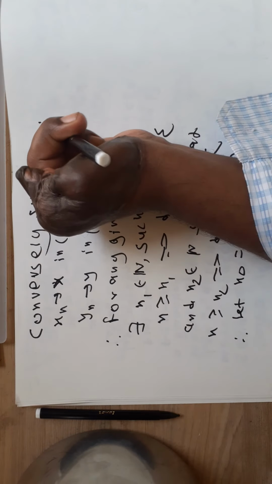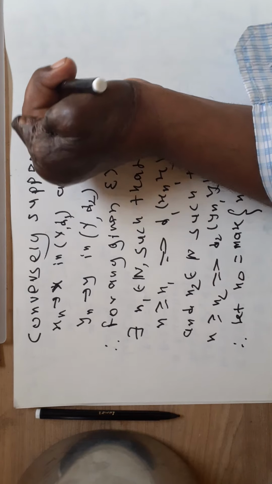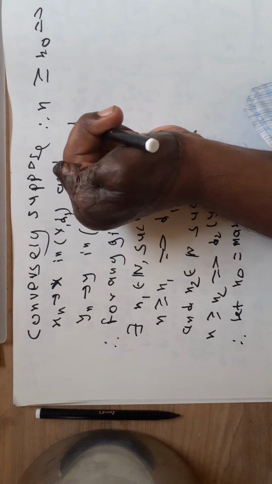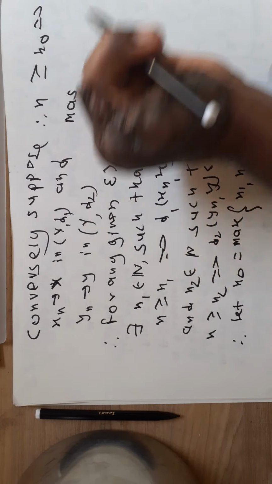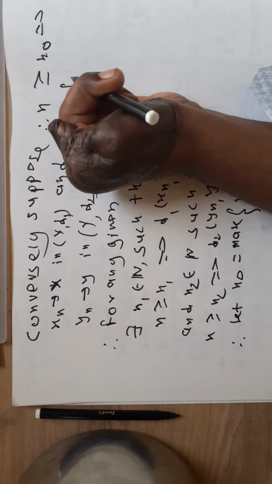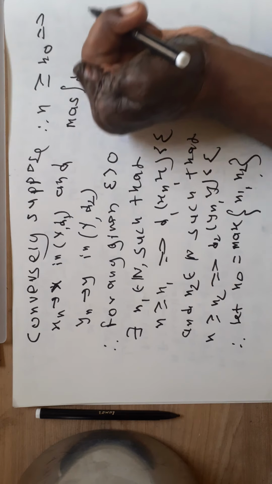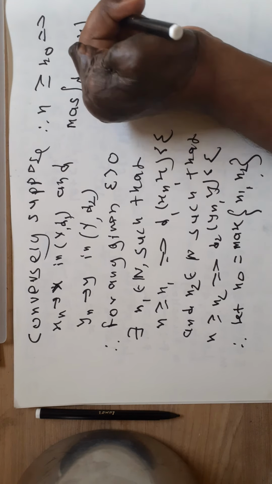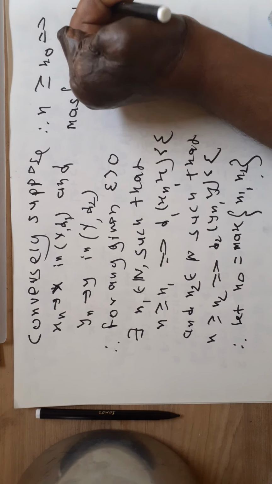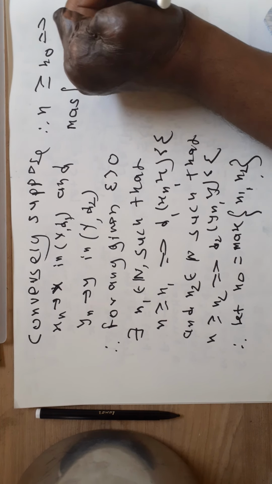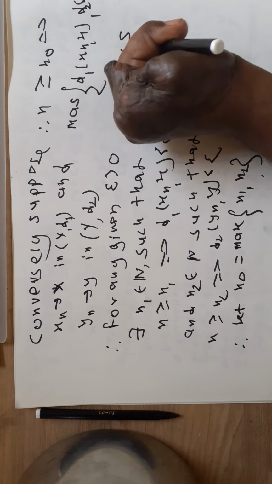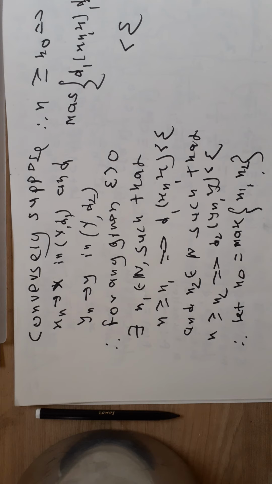Therefore n greater than or equal to n0 implies the maximum of the set {d1(xn, x), d2(yn, y)} is less than epsilon. Here n is greater than n0.